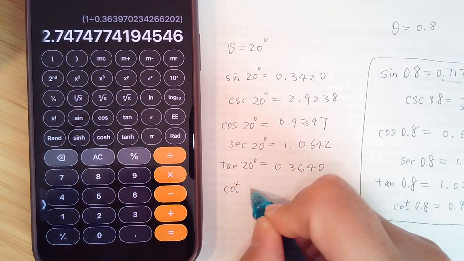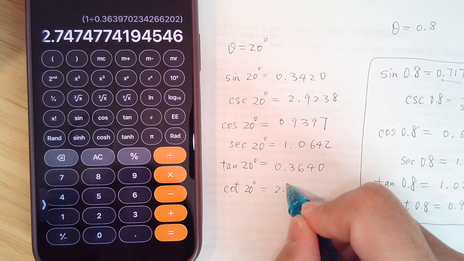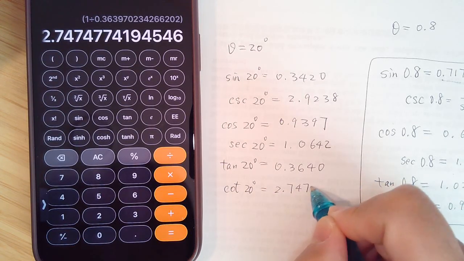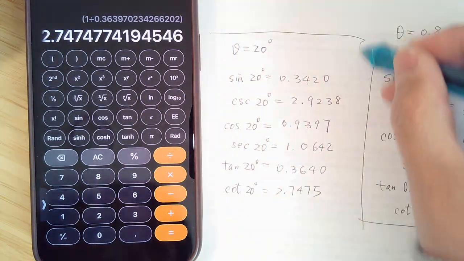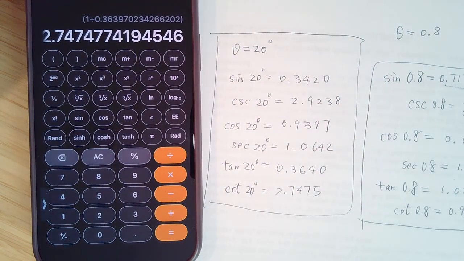So cotangent 20 degrees is going to be 2.7475. Okay, so if I give you the angle measured in degrees, you can also use the calculator to do that. So I'm using this as an example to show you how to use a calculator to find the six trigonometric functions of any angle. Okay, all right, that's it for this.